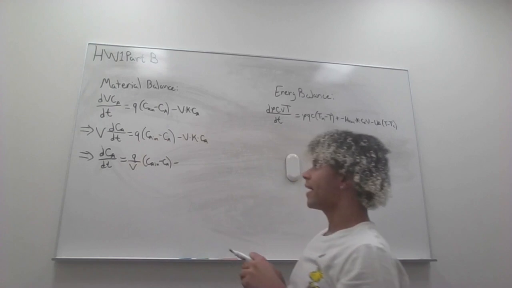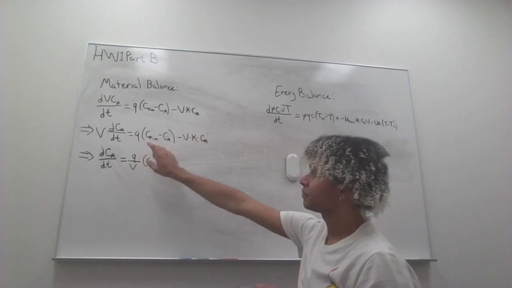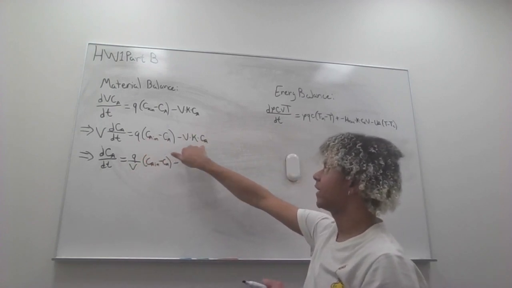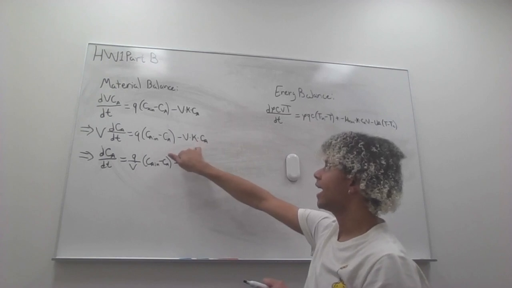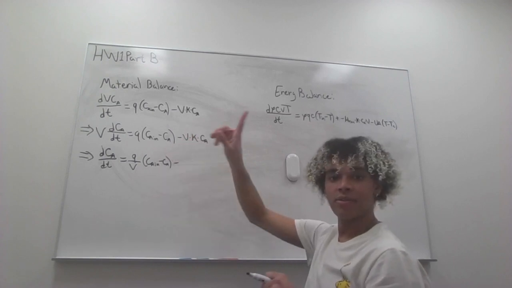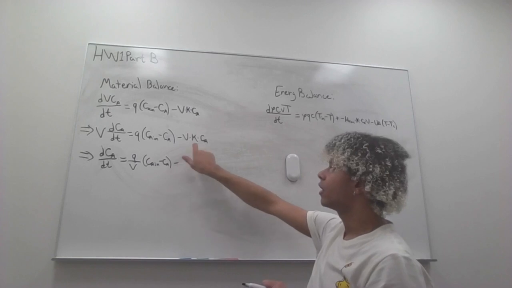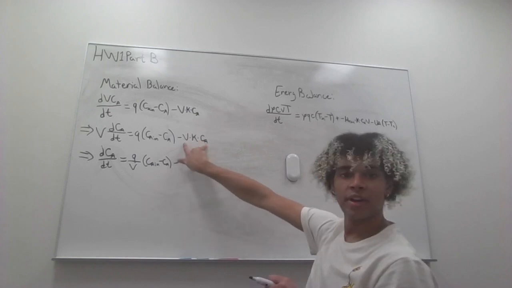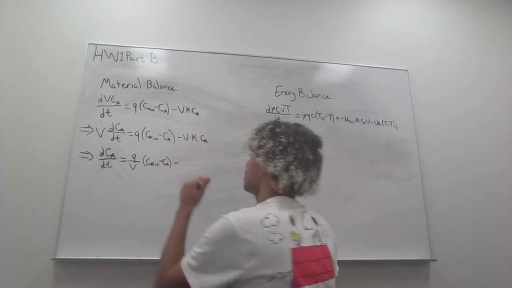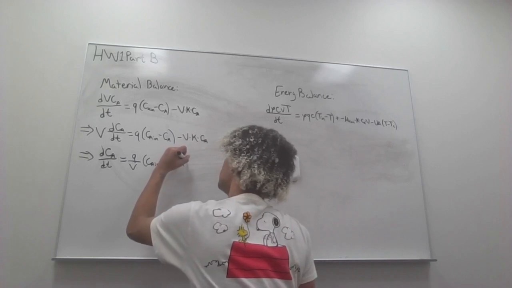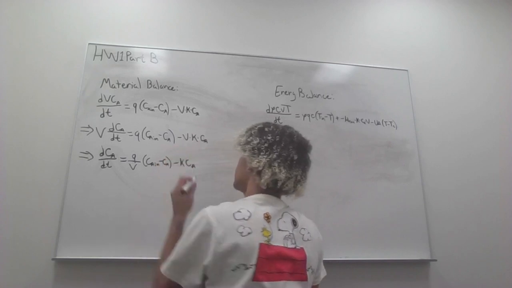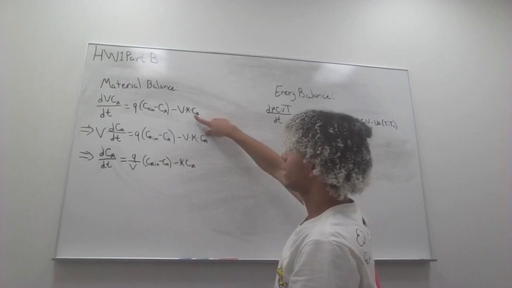And then that's going to be minus, since we're dividing this by V, we also divide this by V. This already has a V in there, so it will cancel out the volume, at least for this section right here. So then we're just left with the K value times concentration.